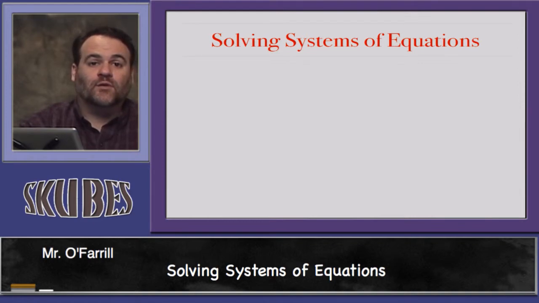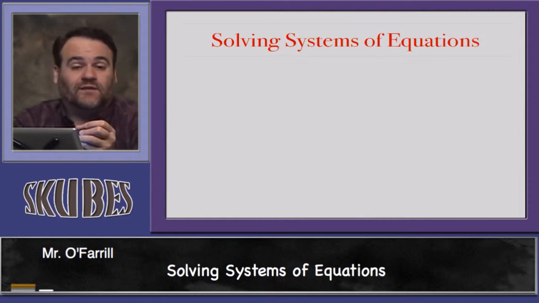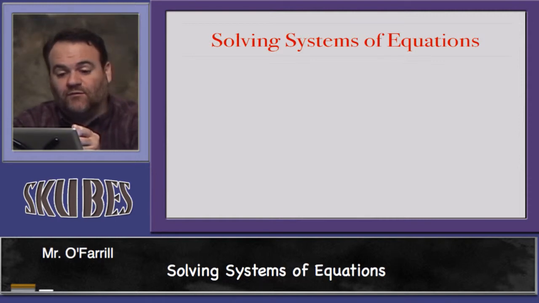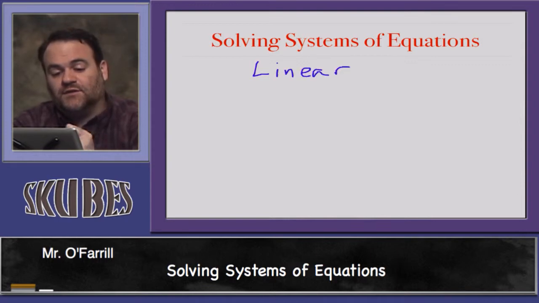In this video, we'll be learning how to solve a system of equations. Specifically, we're going to be looking at the only type of regular equations that we've worked with and have graphed in the past, linear equations.